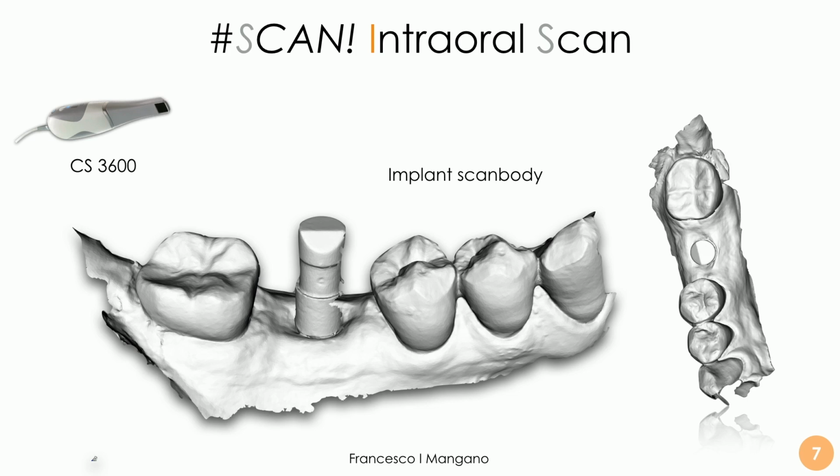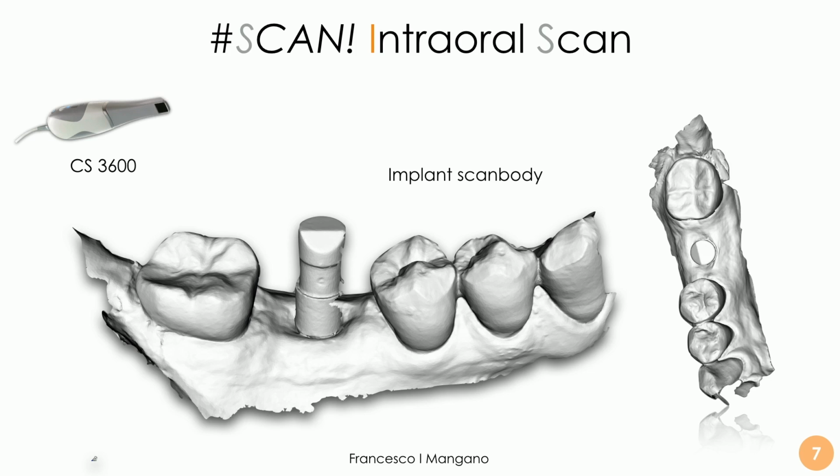The scan body must be screwed, or in the case of this implant system, must be positioned, inserted correctly in the position, because a wrong position means that we transfer a wrong position of the implant to the virtual world, to the dental technician, so it's a disaster. So we need to check 2-3 times the position. Sometimes after screwing it's possible also to make an intraoral radiograph to check it. I don't used to do it, I check it manually twice possibly, because I don't want to have any mistake.